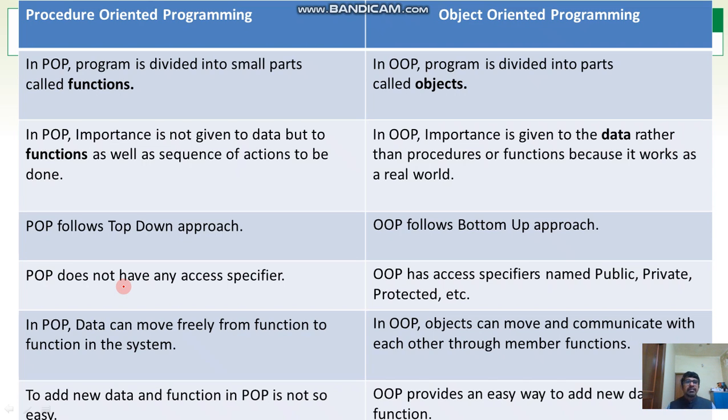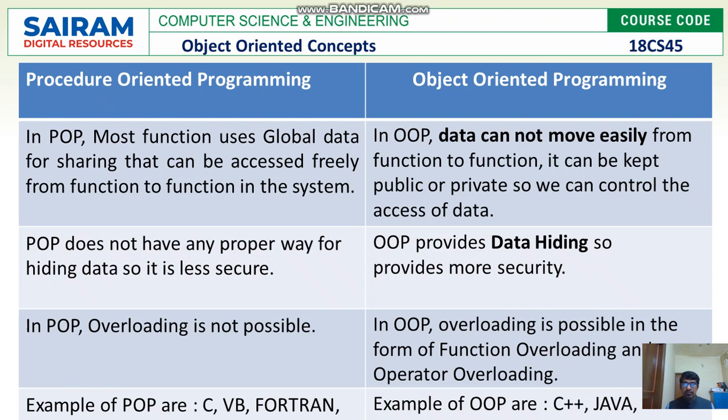We can easily add data to an object-oriented program, but in POP we cannot do it. And data hiding is possible in object-oriented programs, but in POP we cannot do it. And the most important feature is that we have features called overloading and overriding. Everything is possible in object-oriented programs.